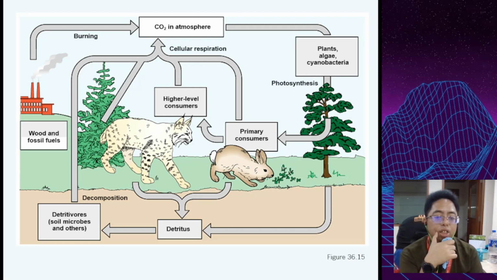Plants, algae, and cyanobacteria all do photosynthesis, they absorb CO2. And then when any of these living beings die, plants, animals, they will decompose and form detritus. So detritivores or soil microbes will decompose this detritus and also release CO2 back to the atmosphere.